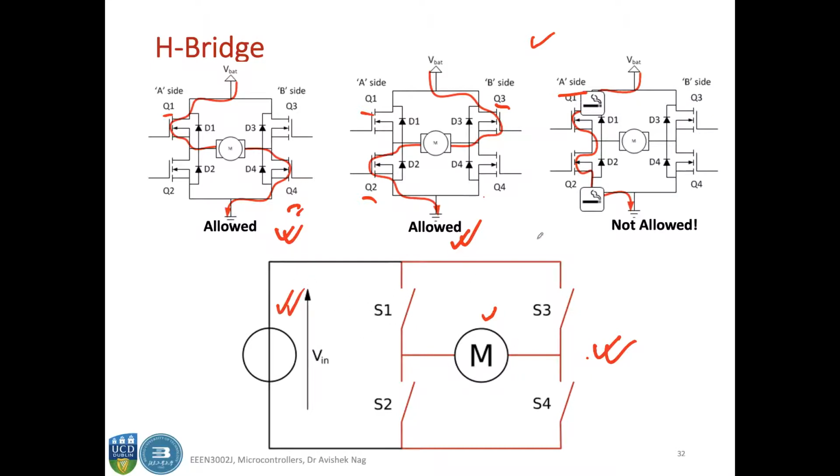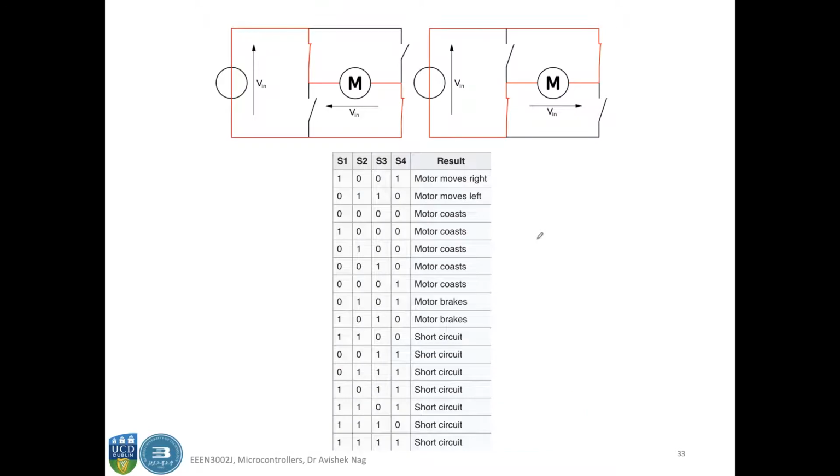If I say that when a switch is closed, that state is 1, and when the switch is open, that state is 0, then you can have a truth table like this based on the configurations of S1, S2, S3 and S4, and based on this you will have different results.